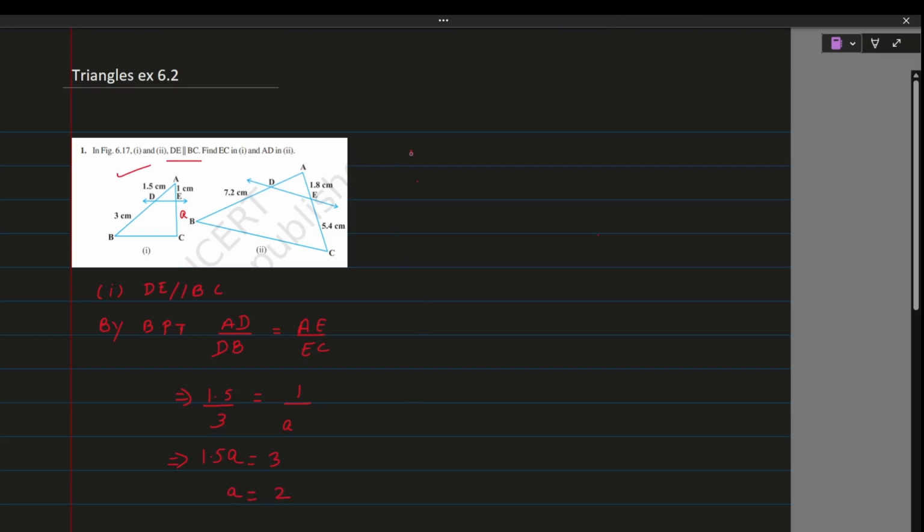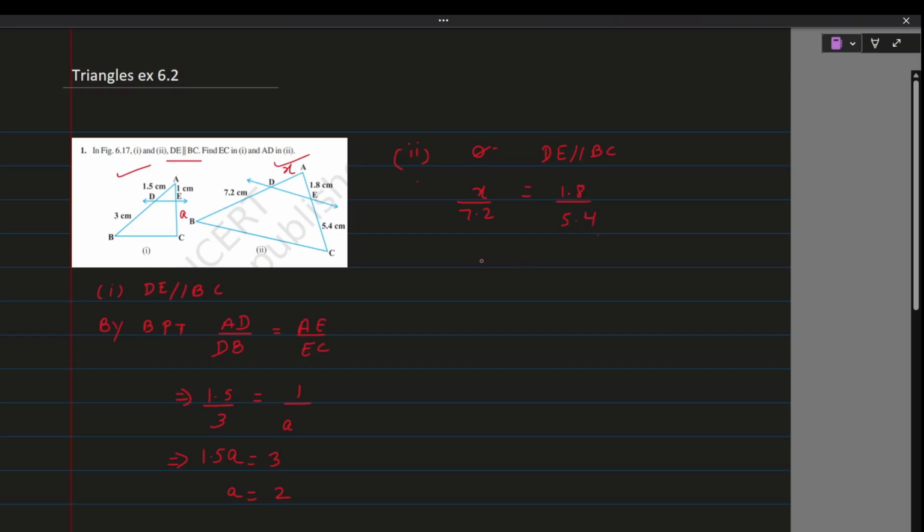Now in the second figure, it's given that DE is parallel to BC. Again by using BPT we can say that AD, let's suppose this AD is x, by 7.2 will be equal to 1.8 by 5.4.